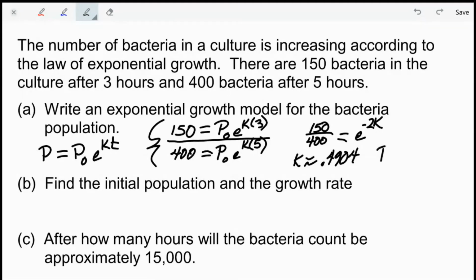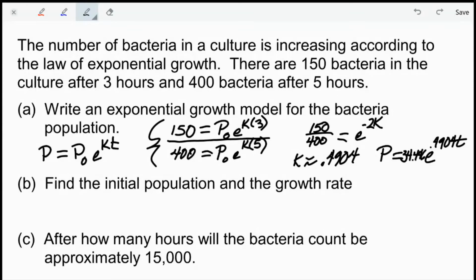My population at any point in time would be equal to, and I'll explain the p naught here in just a second, e to the 0.4904 t power. And then for my initial population, since I got the k value and I've got this system of equations right here, I can just go back and plug into either one of those and solve for the initial population. And it would be about 34.446.